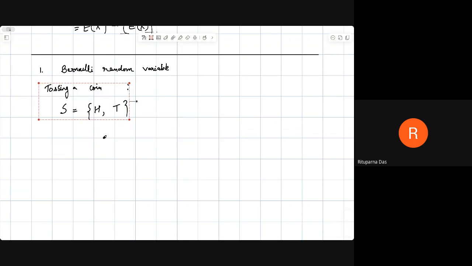So here, say we give the value 0 to head and 1 to tail. Okay. So in a Bernoulli random variable, the value of the random variable is 0 or 1.